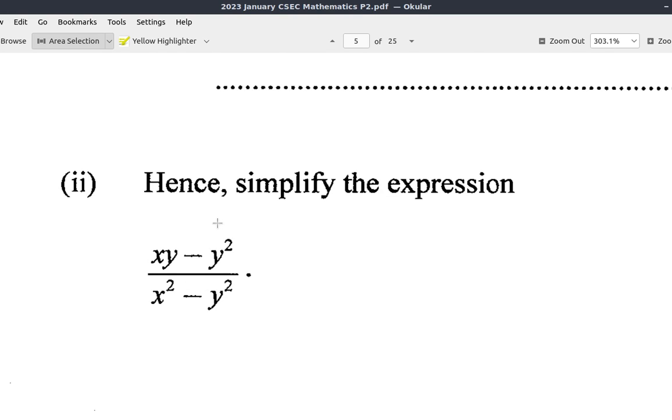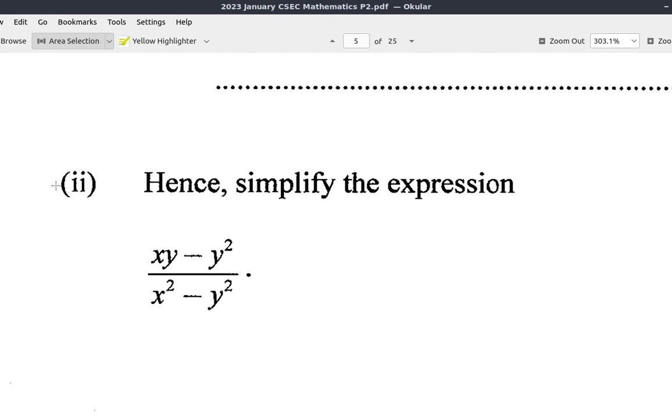Now, when they say hence, it means whatever you got for it, you use that and do this part. You don't just go and use any method you feel. If they say hence or otherwise, the hence means you must use whatever you were doing before. The otherwise means whatever other thing you feel like using.